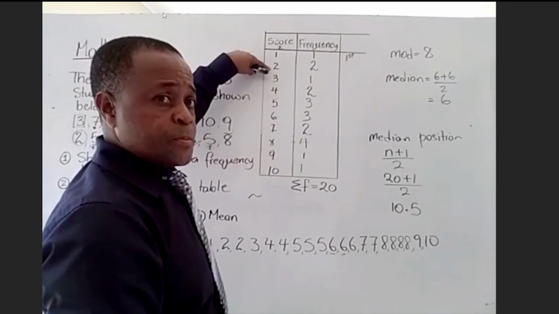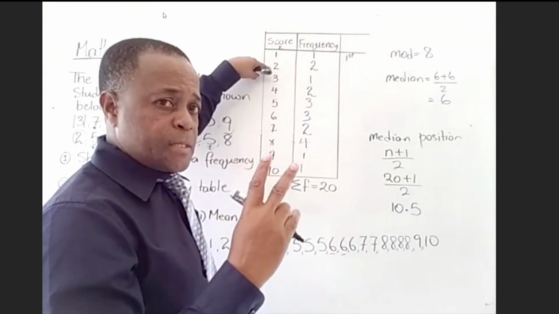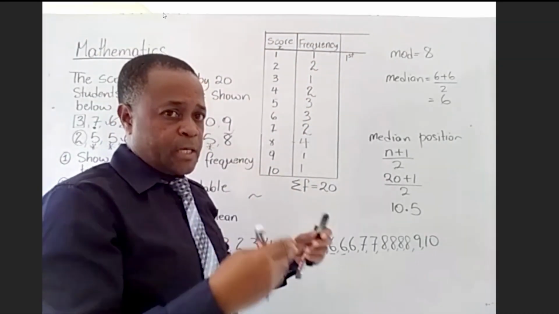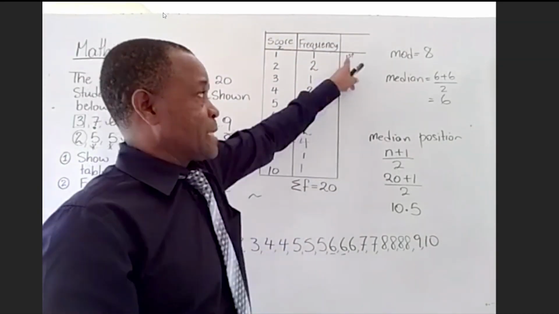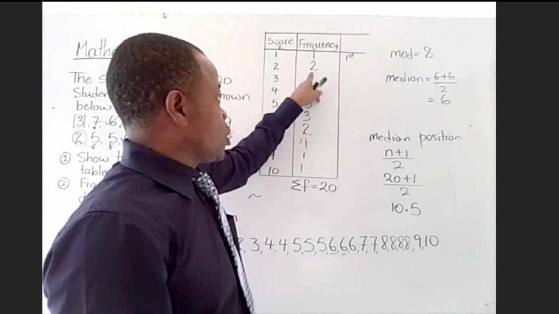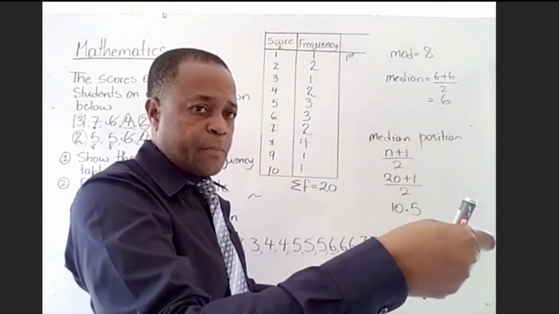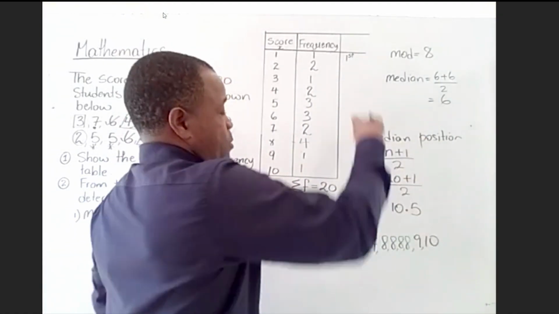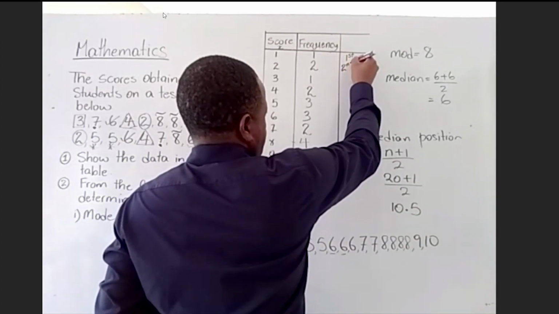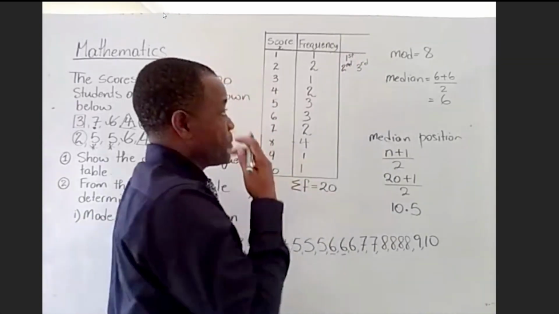Now let's go to 2, the score of 2. Now 2 appears 2 times. In terms of the position that 2 will take up, you can't take up the first because the first is already taken up by 1. So 2 will now take up the second and the third position. We can write it as the second and the third position.